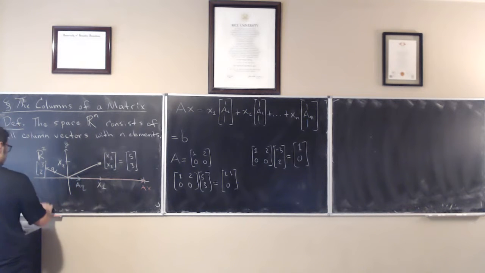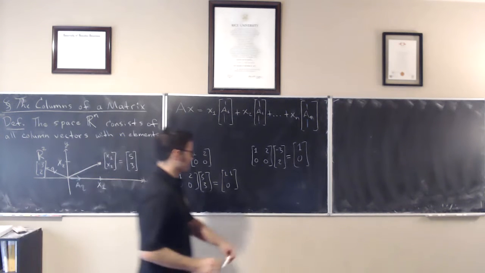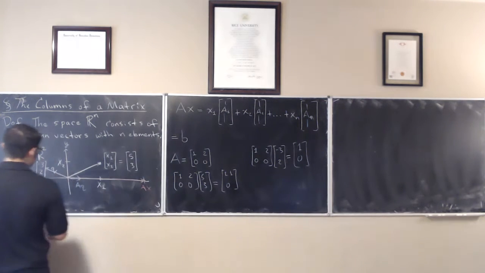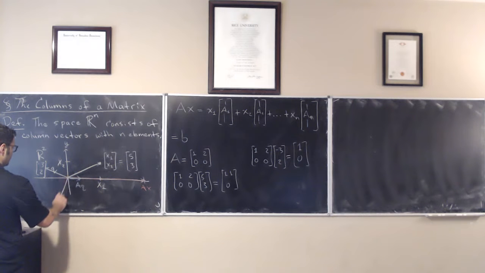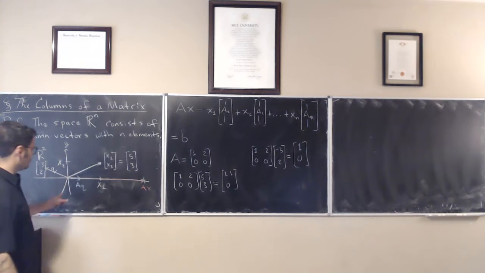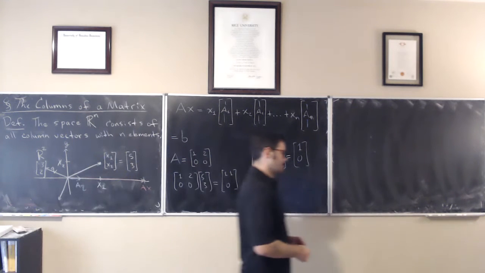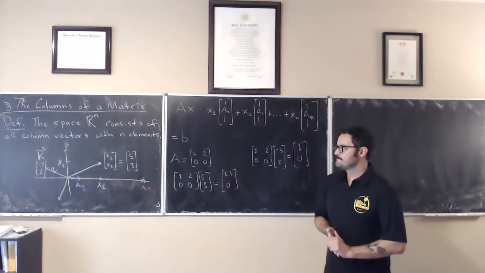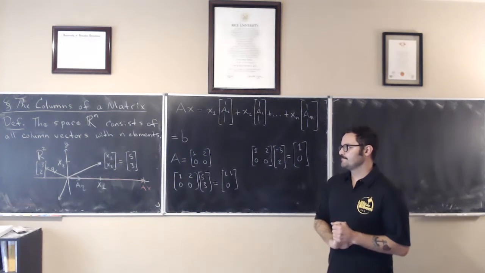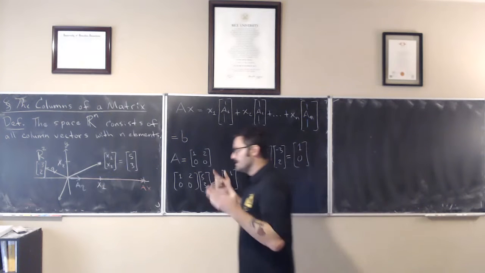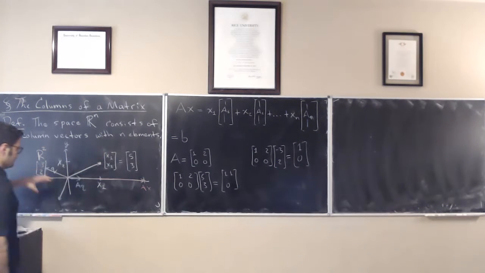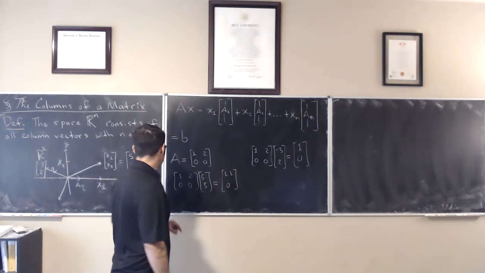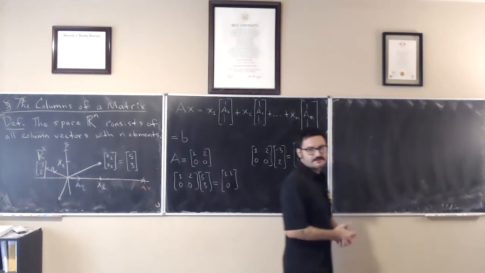A times Q. Can you guess what's going to happen if I take another vector, maybe there, and I multiply that vector by A? What's going to happen? It's going to move to the x-axis. Exactly. In fact, any vector you pick and then multiply by A, it's going to put it on the x-axis.